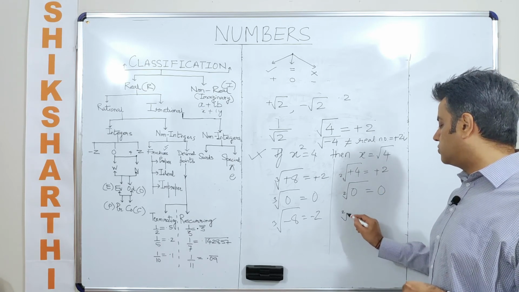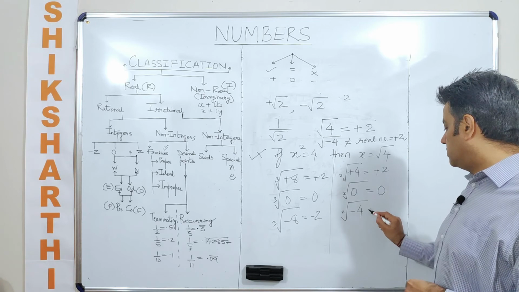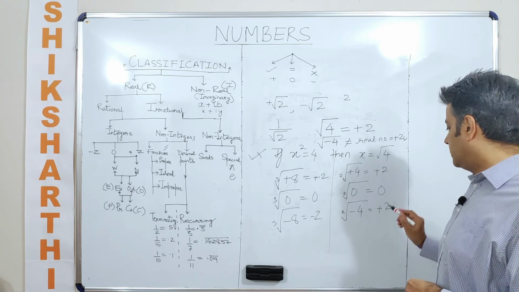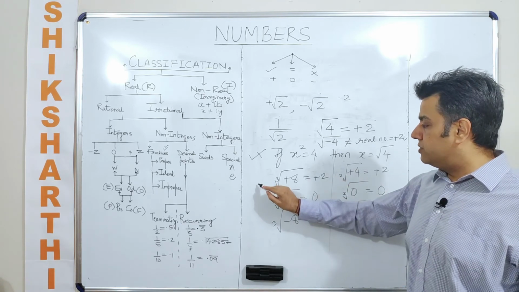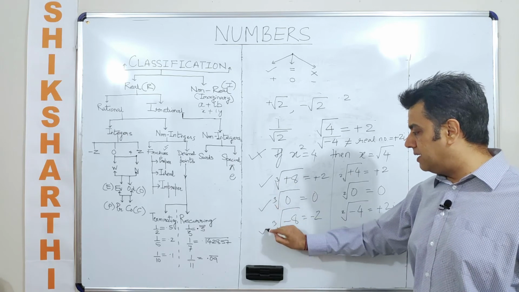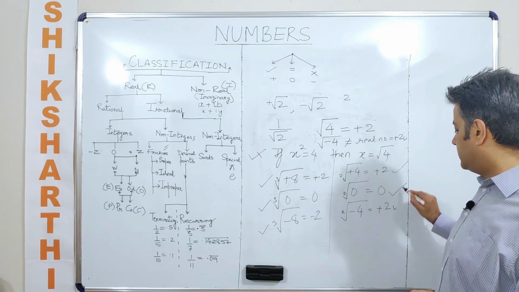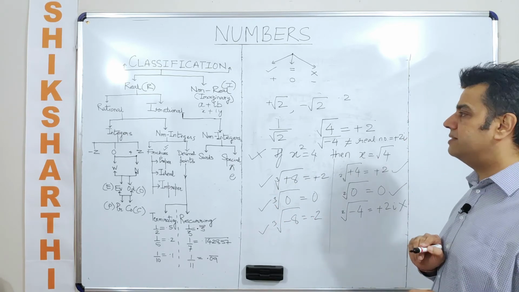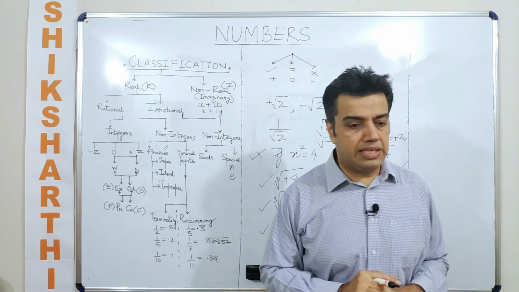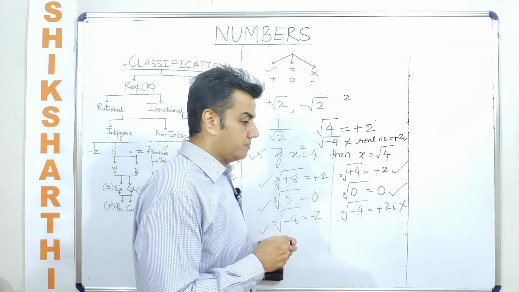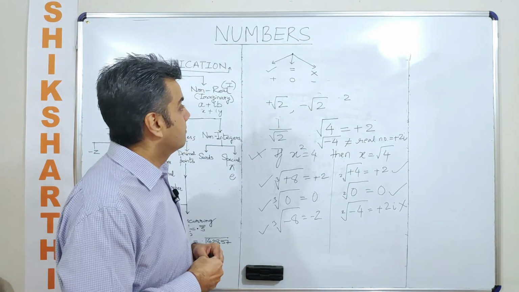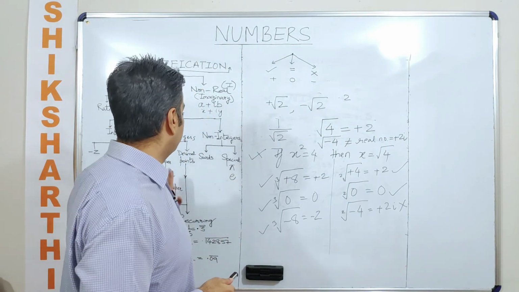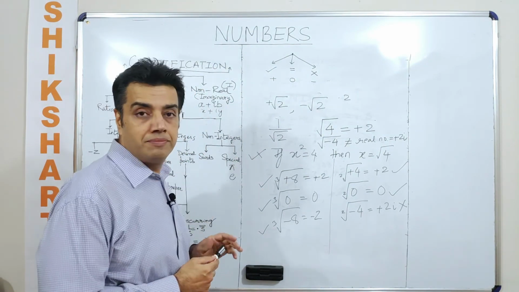If I am calculating the square root of minus 4, this will give me plus 2i. That means among all these calculations, if I say tick symbolizes real numbers, these are ticks. And if cross symbolizes imaginary numbers, then it is this. Right? I hope I have made my point clear here.